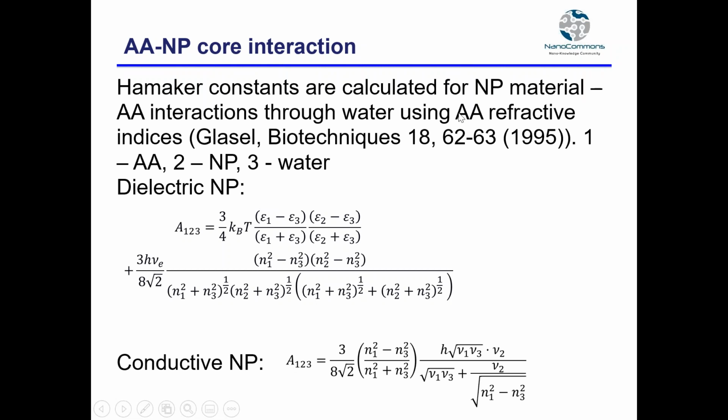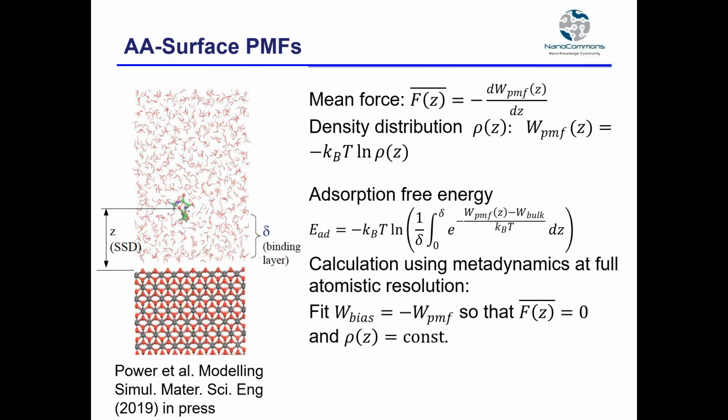And we use the known amino acid refractive indices tuned from solution refractive index measurements. So we can calculate those Hamaker constants for a specific material, for example gold, to amino acid through water, using those data.